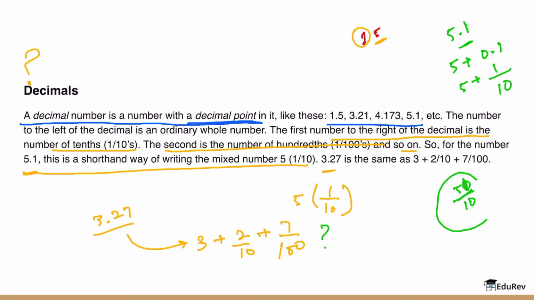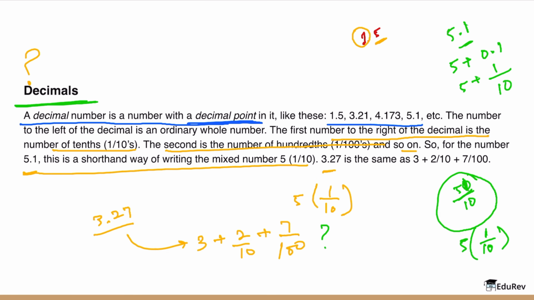And if I form this in mixed fraction form, it's going to be 5 and 1 by 10. Correct? So this is the way in which you need to write decimals, and this is what decimals basically are. You can do the conversions. It's simple mathematics, very, very simple.